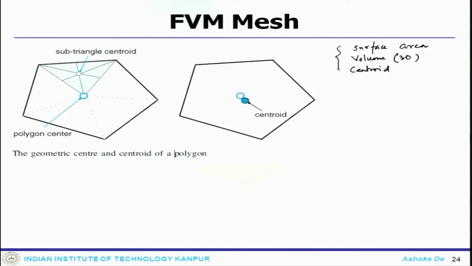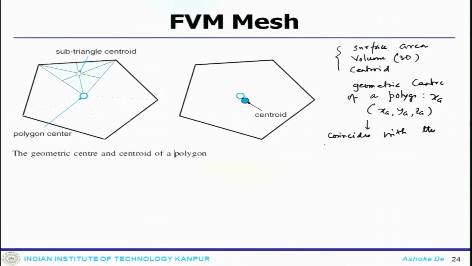So, typically for any polygon the geometric center is, let us say, xg, which will be nothing but xg, yg, zg if it is in 3D. Now, that will only coincide with the centroid, otherwise not.